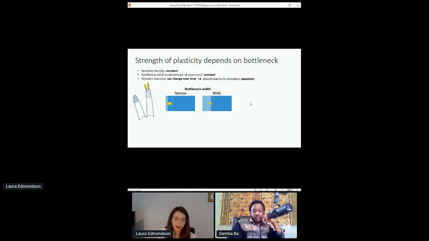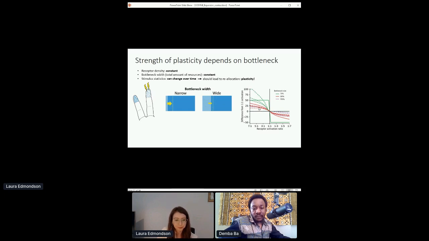But in a wide bottleneck, the allocations for the middle digit maybe don't increase so much. So more generally, this can be seen in this plot here. Whereas if we increase the amount we activate the region, so here we increase quite a lot, we see a greater difference in the allocations for very narrow bottlenecks shown in the green than we do for wider bottlenecks, say in the purple.